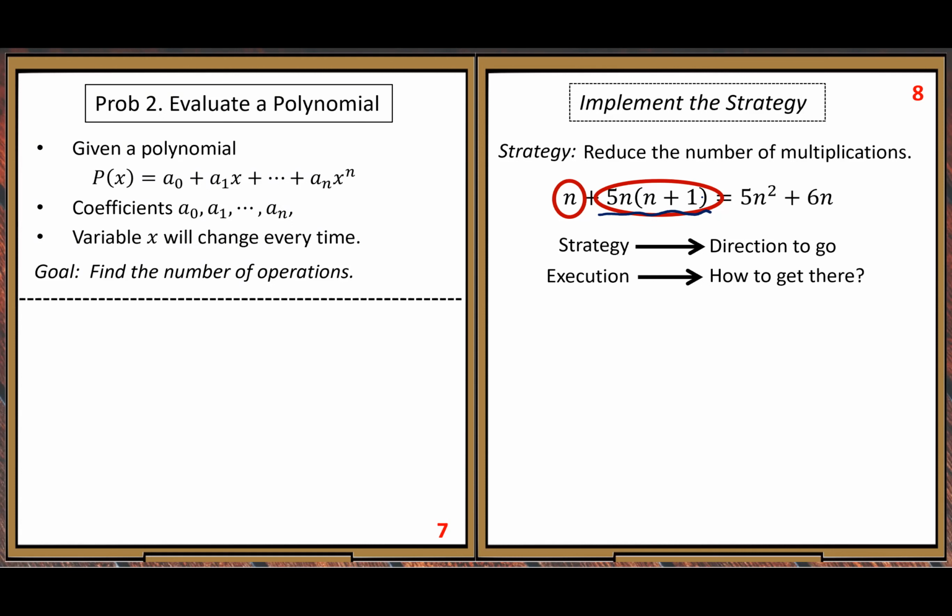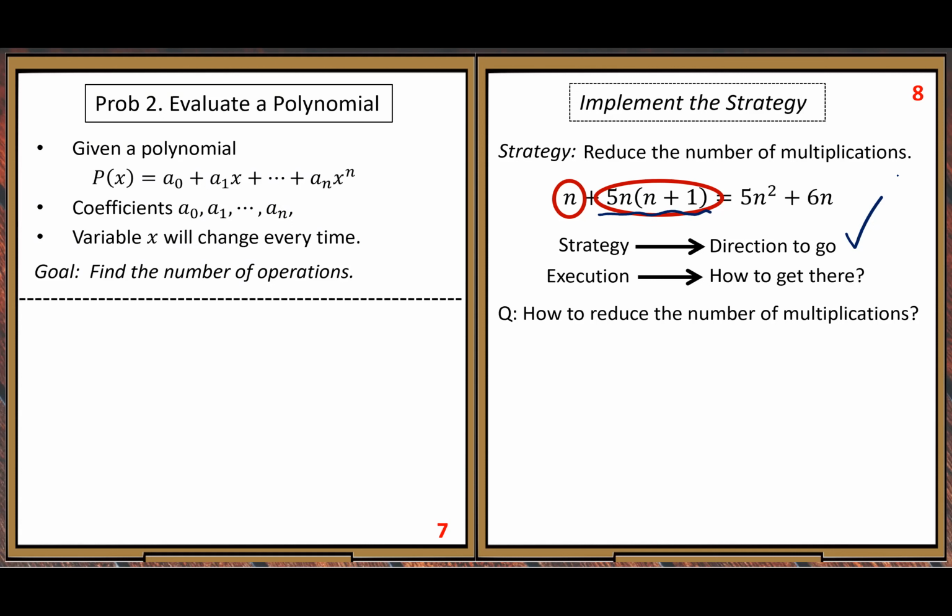Now we know the direction to go, but we do not know how to get there at this point. So we need to explore more information. How to reduce the number of multiplications?